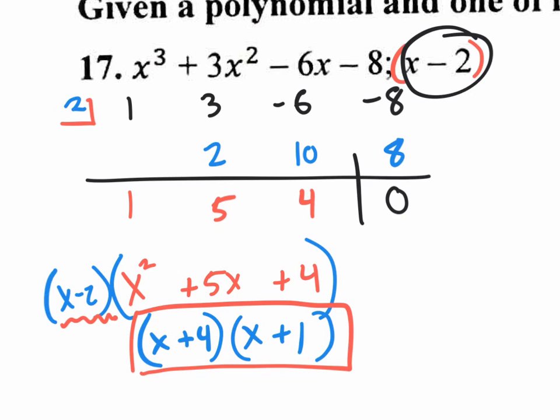On the answers, they're saying find the other ones. You should have an x plus 4 times an x plus 1 on the answers. And that's what we're doing, guys. Technically, if you wanted to rewrite the whole thing, x minus 2 times these other factors that we just found. If I were to multiply these binomials all together, I will get the original cubic polynomial up here. Good luck.